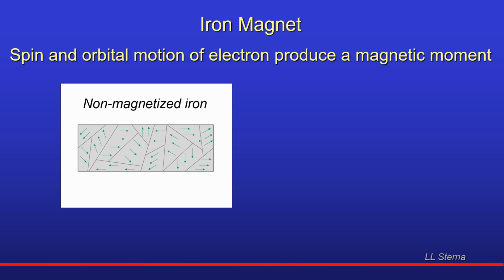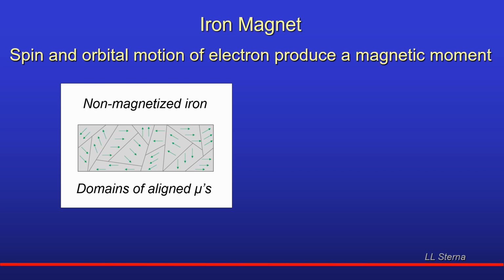The little areas where magnetic moments are aligned in the same direction are called domains. But in a non-magnetized piece of iron, the domains are randomly oriented relative to one another. Although there is a small magnetic moment in each domain, the total magnetic moment is zero.